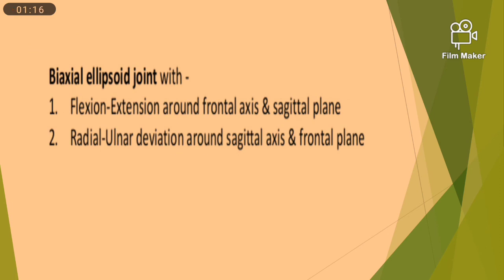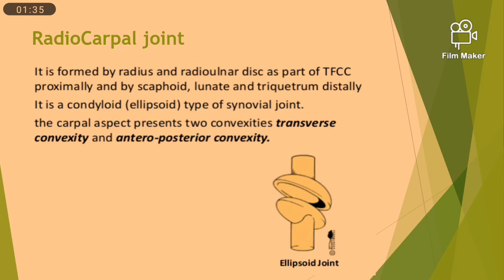It is a biaxial ellipsoid joint with two axes of rotation: flexion and extension around the frontal axis and sagittal plane, and radioulnar deviation around the sagittal axis or frontal plane. Okay.